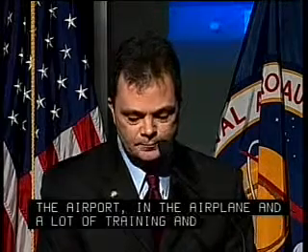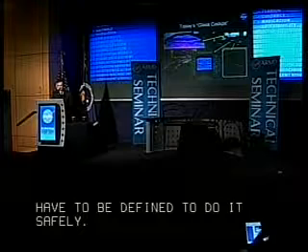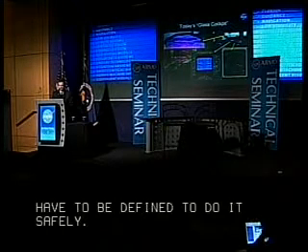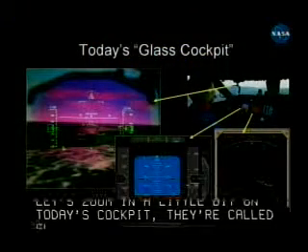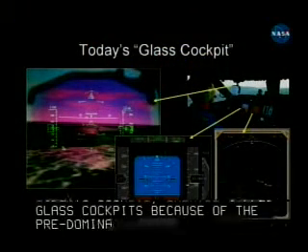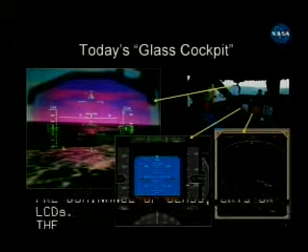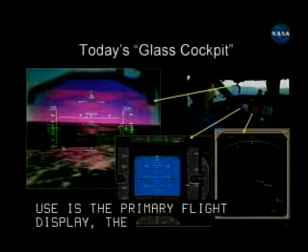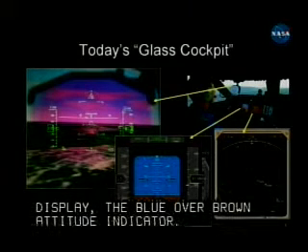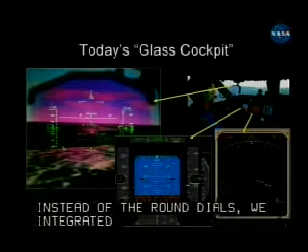So next slide. Okay, let's zoom in a little bit on today's cockpit. They're called glass cockpits because of the predominance of glass, CRTs or LCDs. The primary instruments that pilots use are the primary flight display, as it's called there, which is the blue over brown attitude indicator. Instead of having all the round dials, we've integrated information. We have airspeed and altitude also indicated on the same display there on the strips on the left and right.